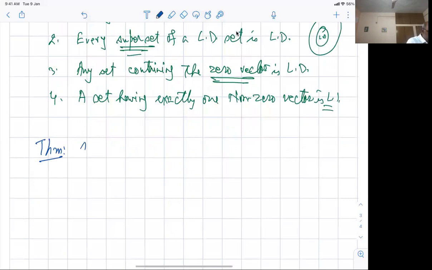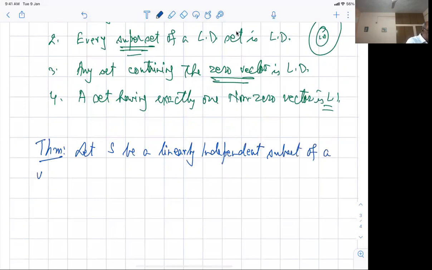So let S be a linearly independent subset of a vector space V over F. Over F is important because from there only you can say it.